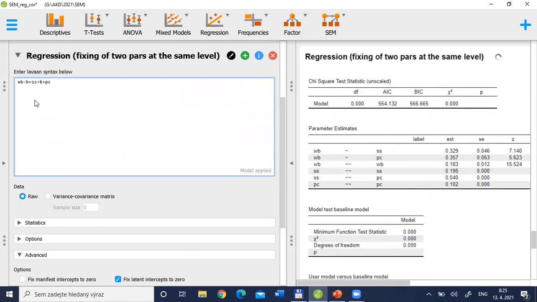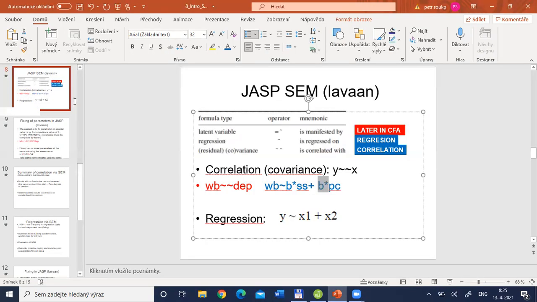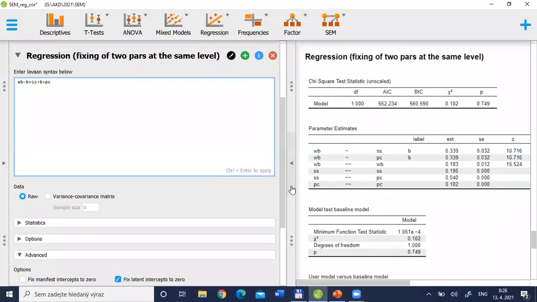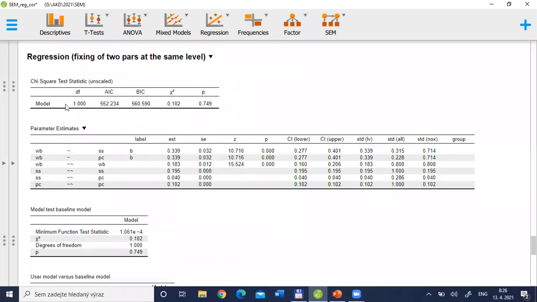Once again, if I am preparing this fix, so it means equality of two parameters, here I am saving 1 degree of freedom. So it means I would get 1 degree of freedom for testing, and this model could be once again tested. So let's check it in JASP, and you can see that it is really true.